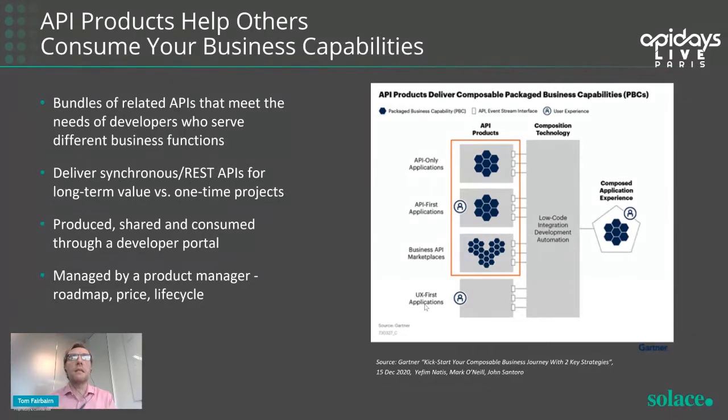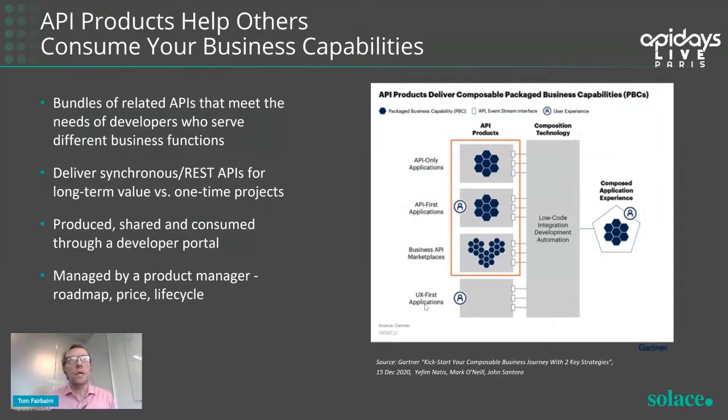We might bundle together one or more of those APIs to create something that, in MuleSoft terms, might be an experience API. In Gartner terms, they talk about composable packaged business capabilities, so you have an application or a subsystem being wrapped up and able to be composed together.